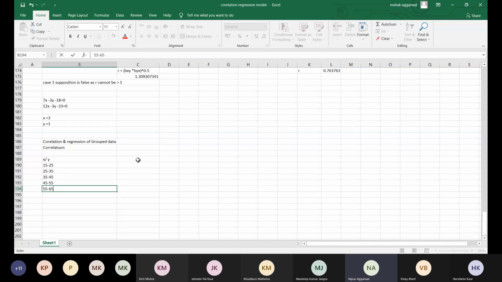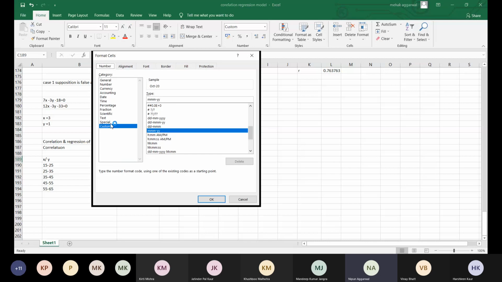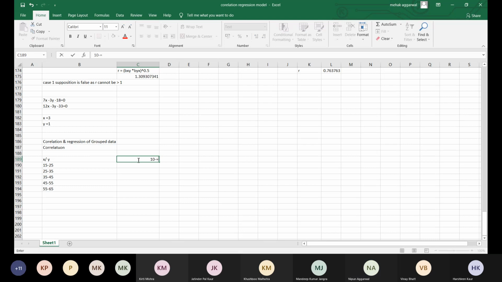This will be your x data, and y is 10 to 20, 20 to 30, 30 to 40, 40 to 50, and 50 to 60.